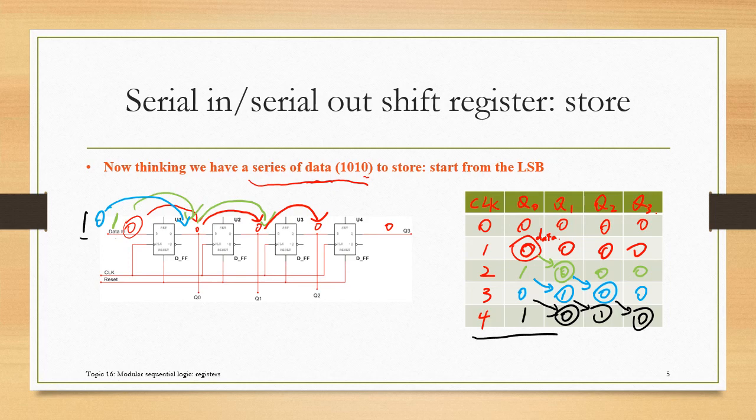So now at the fourth clock rising edge, we stored this 4 bits of data in the 4 DFFs. Okay, so you can think this is the store stage. So for 4 bits, we need 4 clock cycles to store the data.